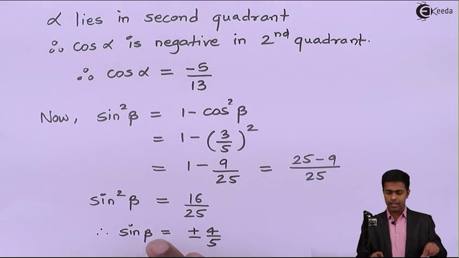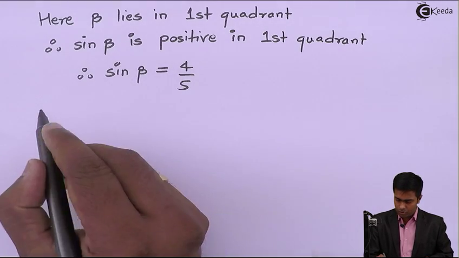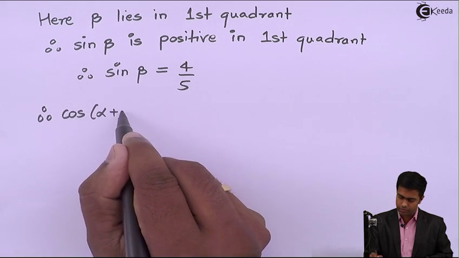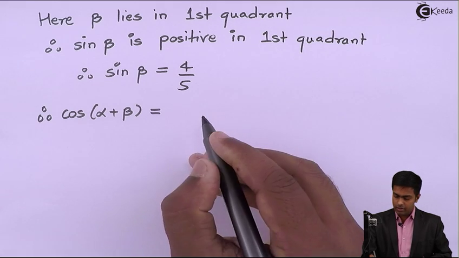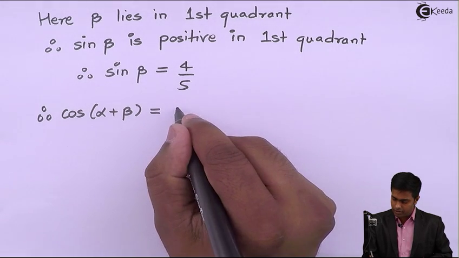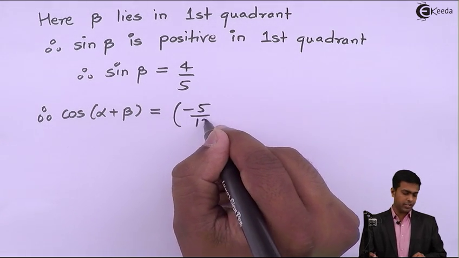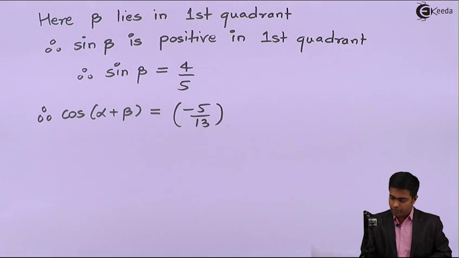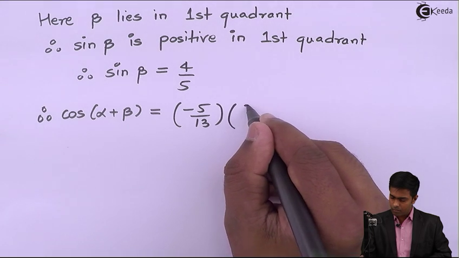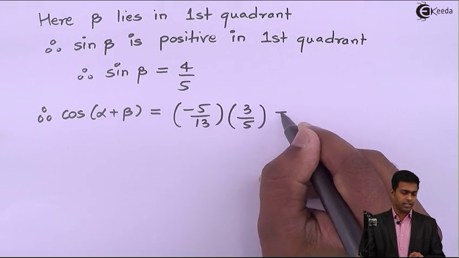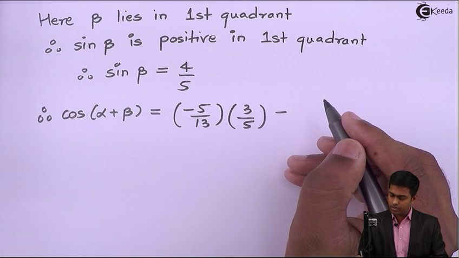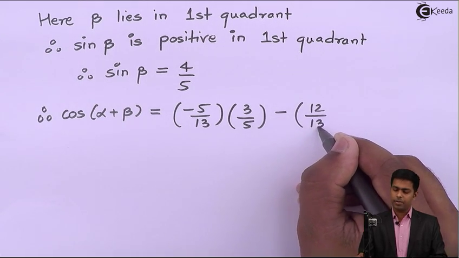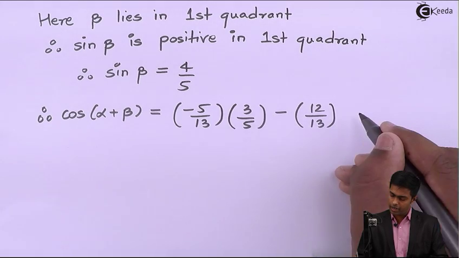So we get cos of alpha plus beta equal to cos alpha, that is minus 5 by 13, times cos beta, which is given in the question, that is 3 by 5, minus sin alpha, which is given in the question as 12 by 13, times sin beta, which is 4 by 5.